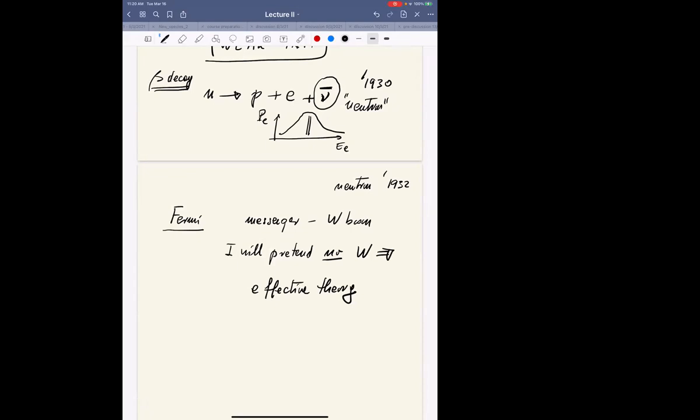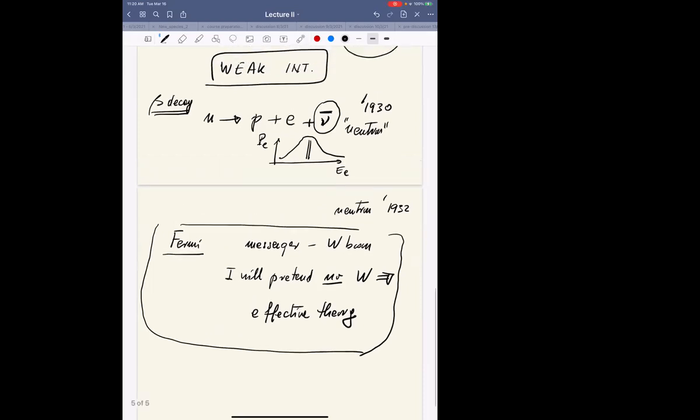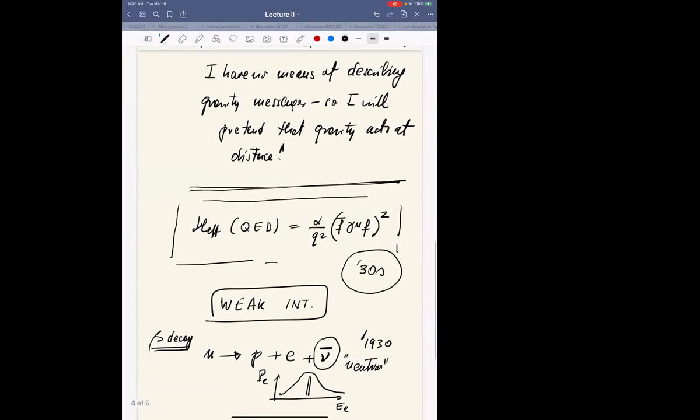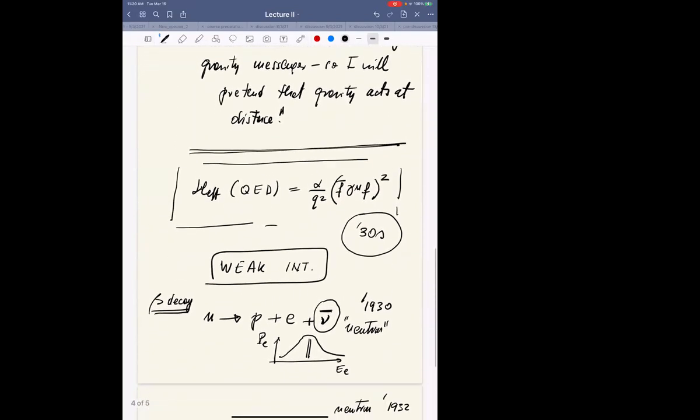This is an extraordinarily important step. This is the beginning of the modern approach in particle physics that we follow to this day. If you don't have a theory, start with the effective one. We'll understand throughout the course what I mean by effective, but it's similar to this one. Here I have integrated the photon out.